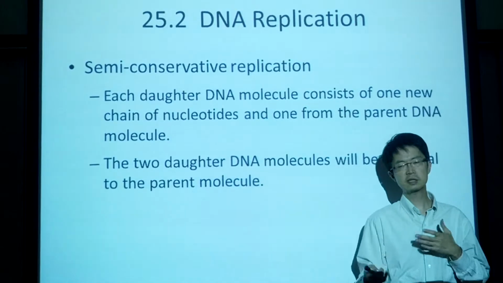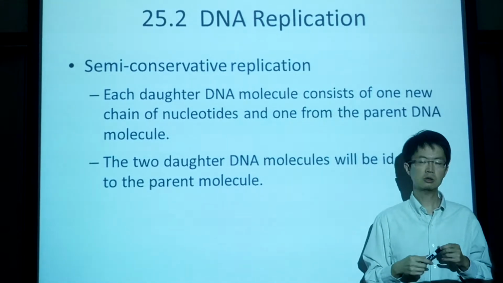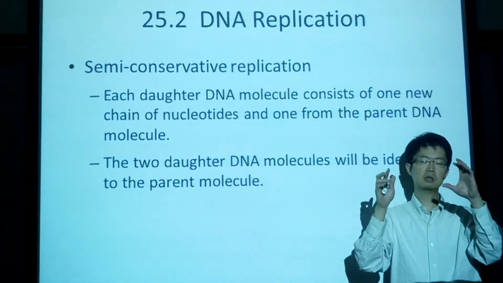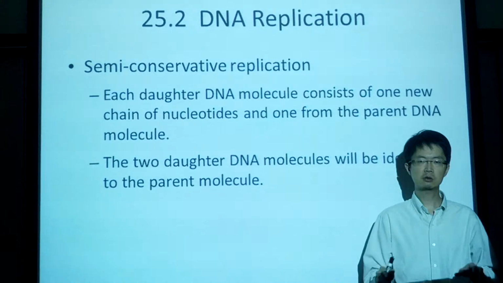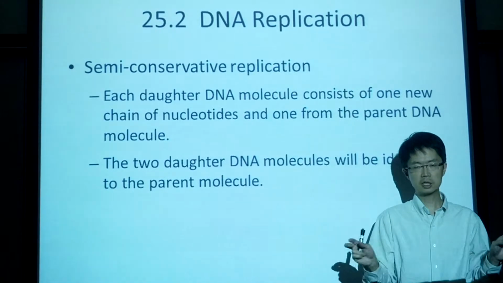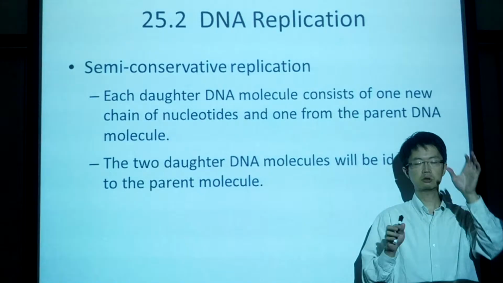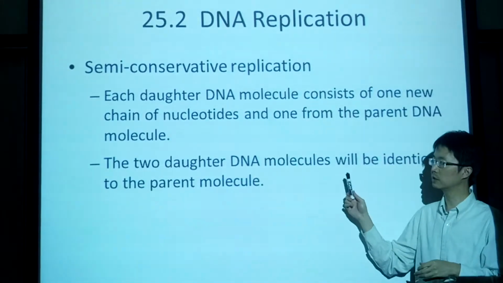So it is very similar to the concept of mitosis. In mitosis, remember, you start from one mother cell, and at the end of mitosis you have two daughter cells. The two daughter cells are identical to each other, and they are also identical to the mother cell. This is very similar.